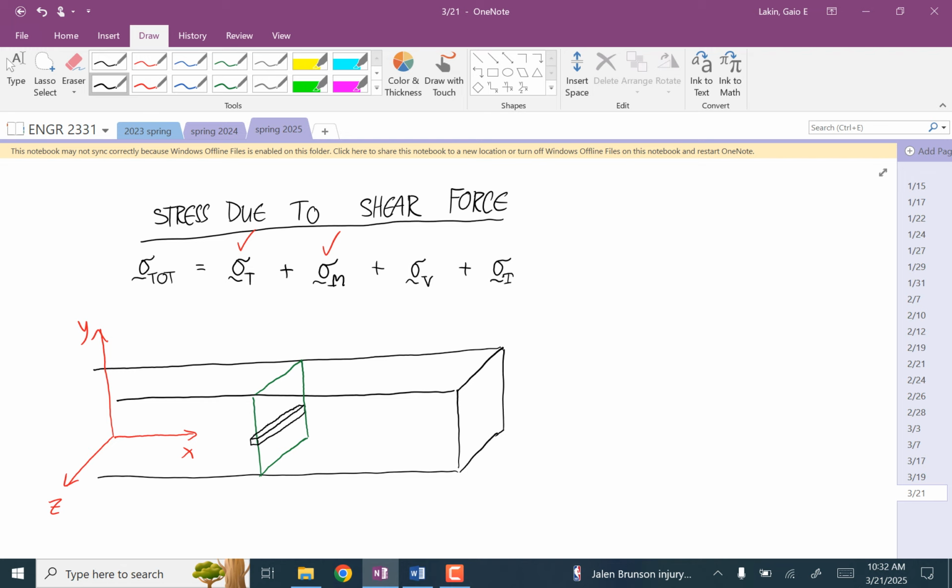If there's a shear force on that cross section, a positive shear force would be downward forces along that face. Remember that's what a shear force looks like.